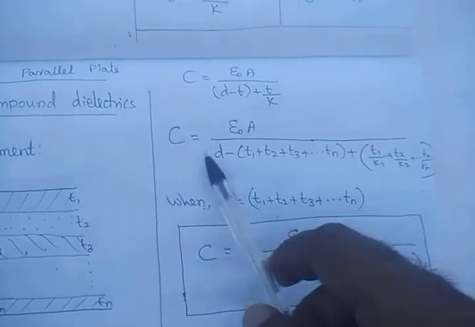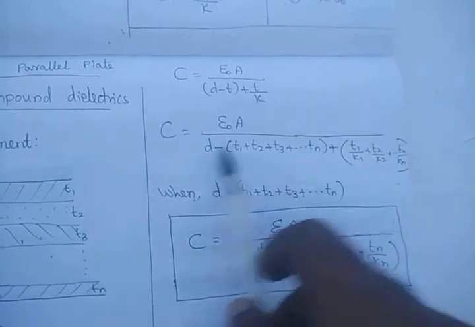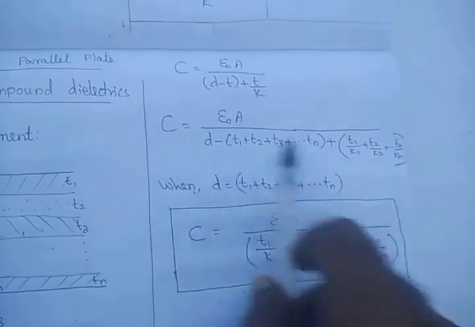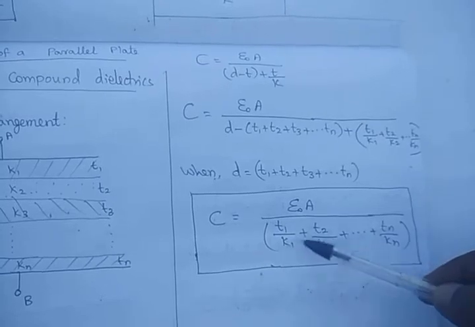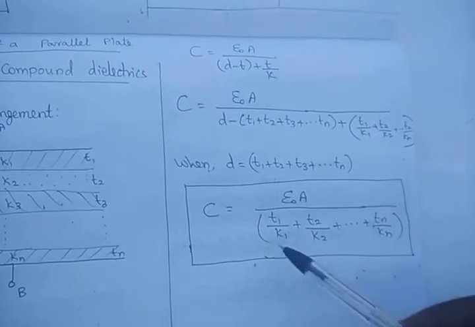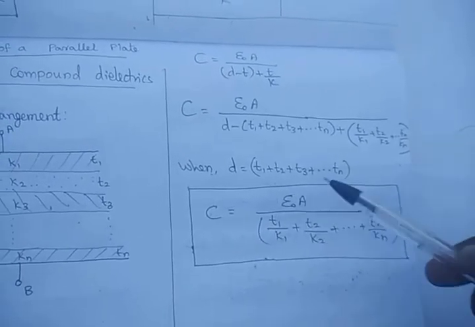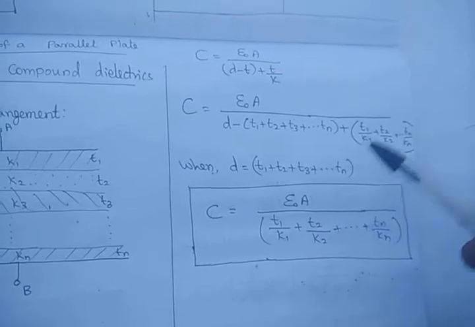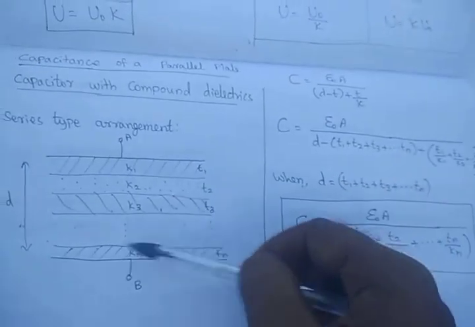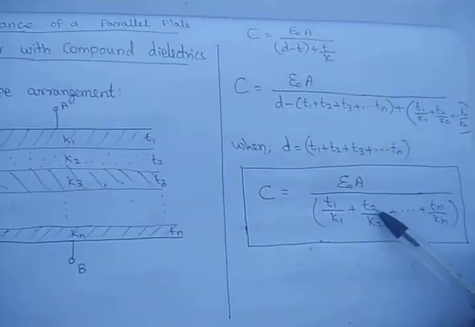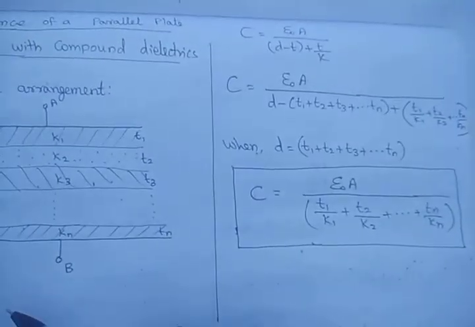Hence d − (t1 + t2 + t3 up to tn) becomes equal to 0, so this term will not appear. So C = ε₀A / (t1/k1 + t2/k2 + up to tn/kn), where k1, k2 up to kn are the dielectric constants of all the slabs, and t1, t2 are their respective thicknesses. This is the formula for dielectric slabs connected in series, which shows the change in capacitance of the parallel plate capacitor.